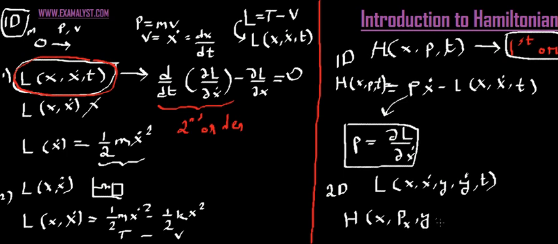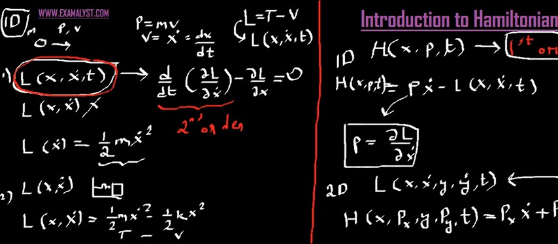It's a function of y and momentum along y direction and time. This is equal to, so now you do this. Find the p x and multiply with x dot. Then find p y and multiply with y dot, and then subtract it with the Lagrangian. Which Lagrangian? This Lagrangian. So this is Hamiltonian in 2D.